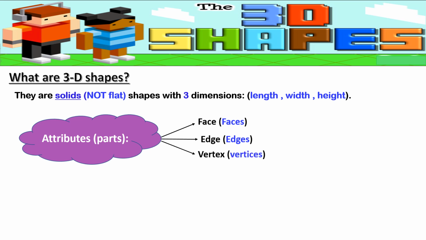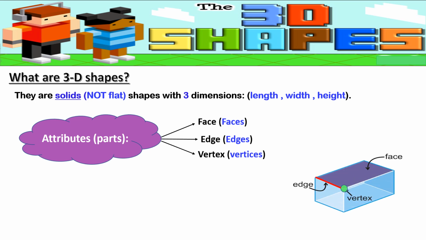Face or faces, edge or edges, and vertex or vertices. Like this shape, edge is like this red line, and face is like this purple surface, and this small circle for vertices.